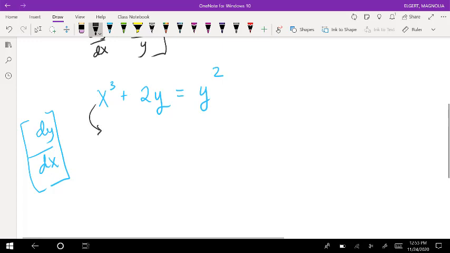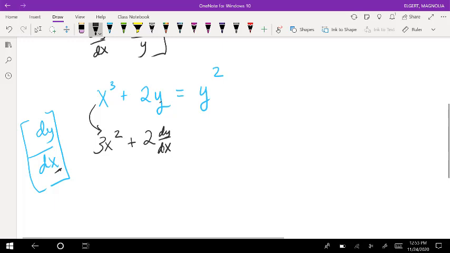So x is easy because it's already in terms of x. 3x squared. Plus the derivative of 2y is going to be 2 times, I guess you don't really need parentheses there. So it's 2, and then we need the derivative of y, so it's dy dx. Another way I like to think about it is this is not in terms of x like I want it to be, so I need to have that there.